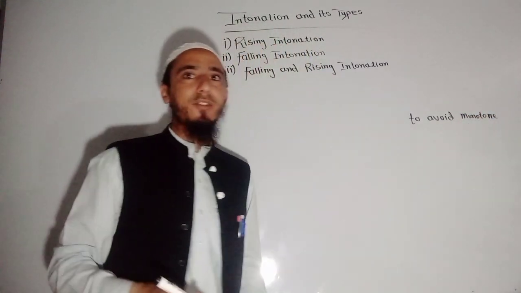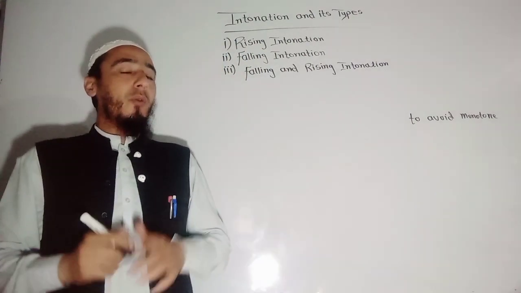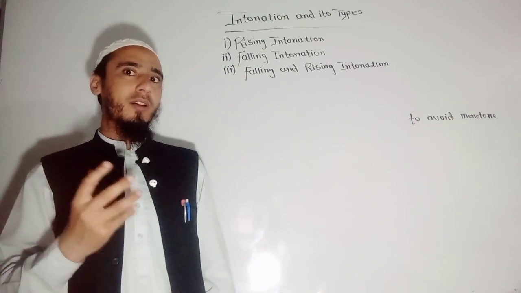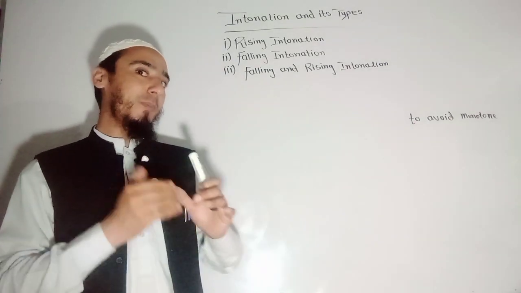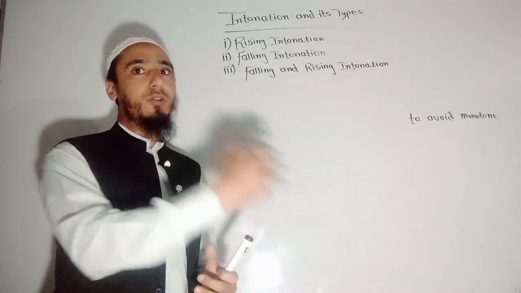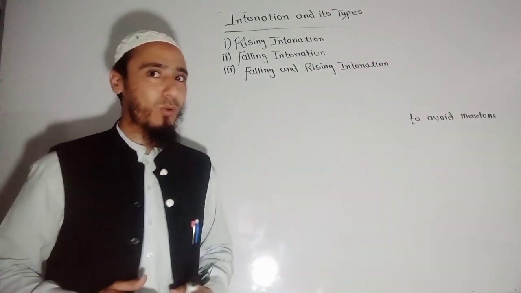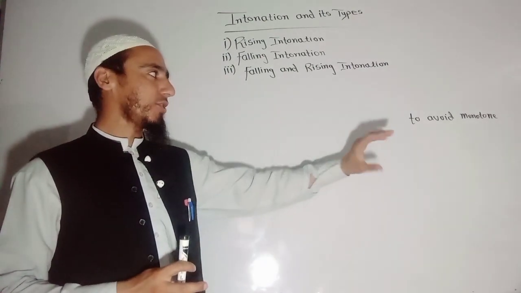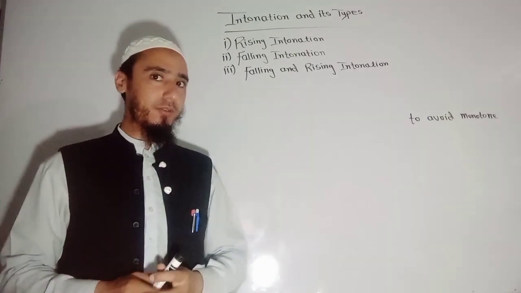To avoid monotone means that whenever you are speaking with one tone, there will be a position which will bore those listeners who are listening to you. So intonation is used to avoid monotone.